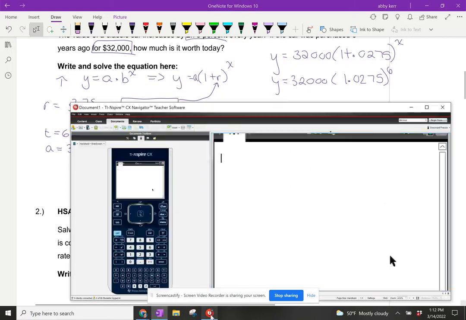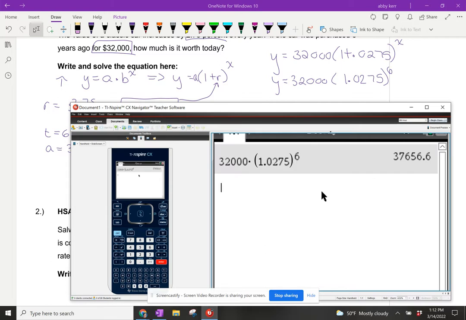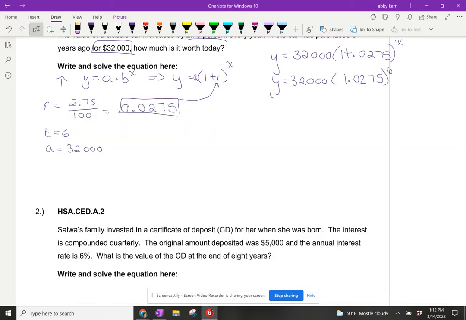So then we are going to evaluate that. So 32,000, then my b value raised to the 6th power. So the car's value is $37,656.60.